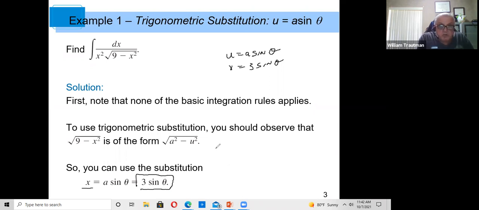And don't forget, they also said the square root of a squared plus u squared equals a secant theta, which is 3 secant theta. Wait, that's not the one we're using, I'm sorry.